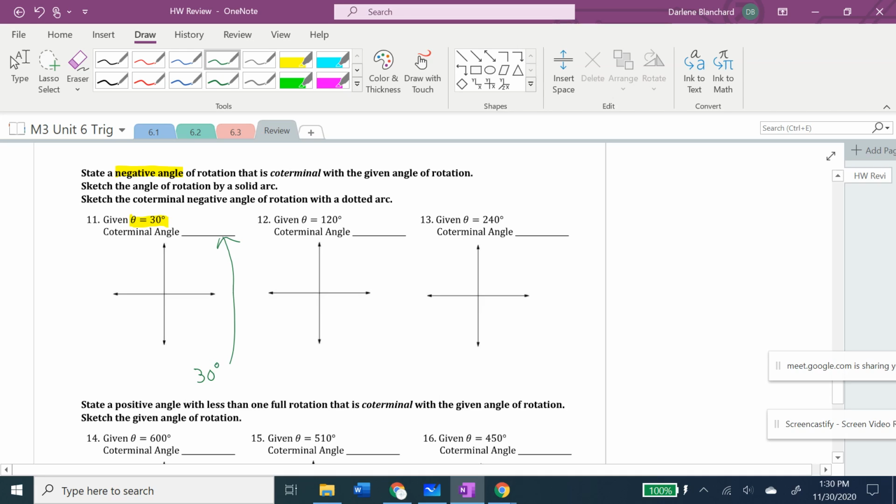What do you need to do to 30 degrees to find a coterminal angle? Do you remember what coterminal means? You got it. Subtract 360 degrees.